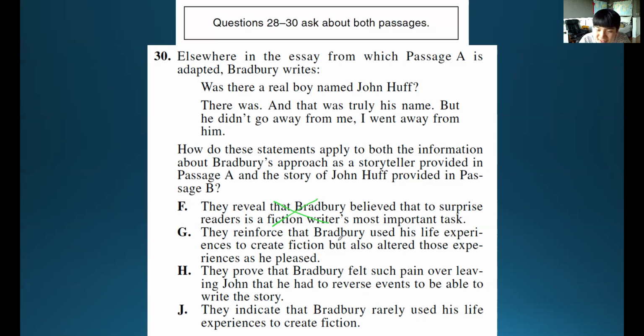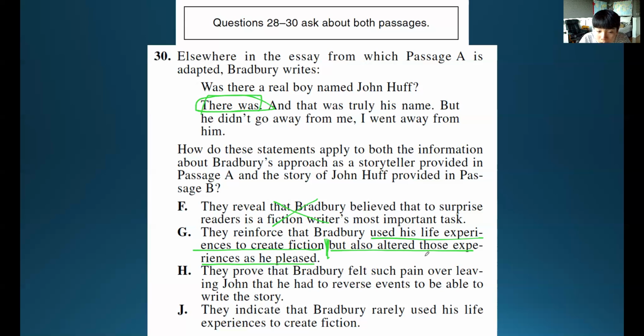They reinforce that Bradbury uses his life experiences to create fiction, but also altered those experiences as he pleased. Notice the two sections here. Split right here. First section, use his life experiences to create fiction, associates with there was a boy named John Huff.